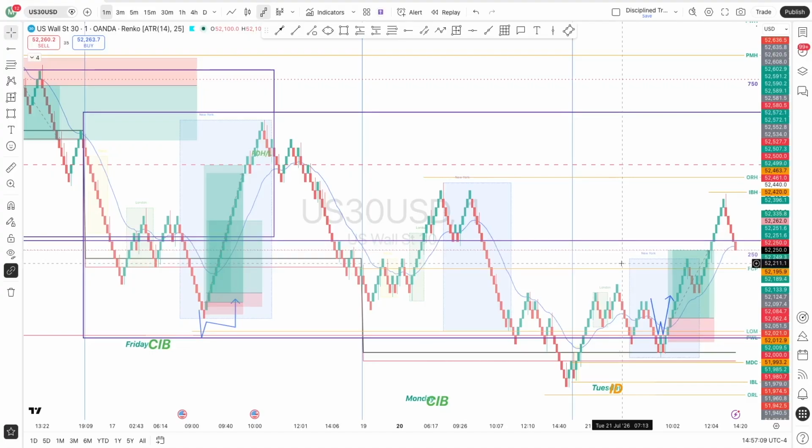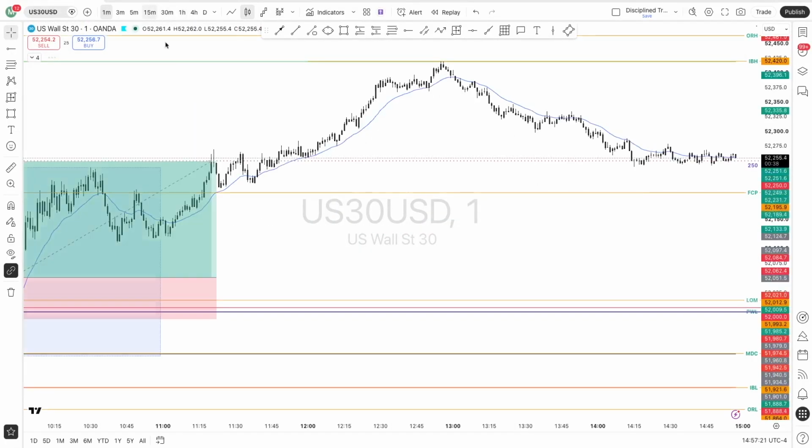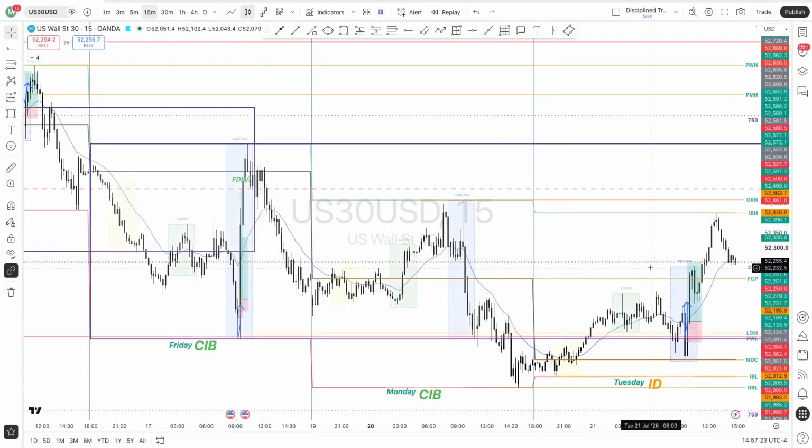But if, let's say, the high of the session was up in here around 260, 270 area, then I'd have to go on the candlesticks. Look at that, 260, 270 is up here.